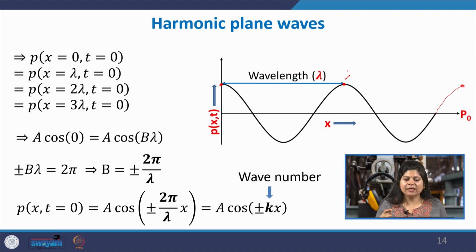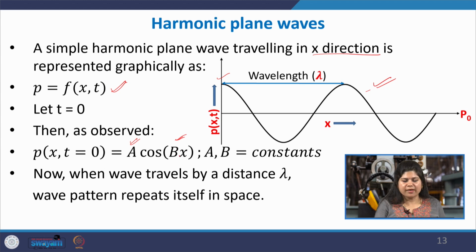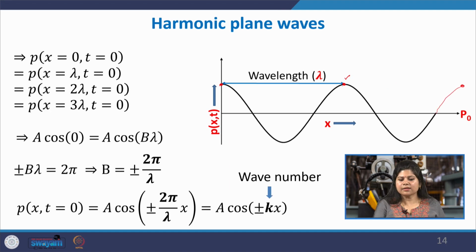Just like a cosine wave has 2 pi as the period over which it repeats its pattern, let us not call it time period for the time being, it is a spatial dimension. This cosine wave repeats after every 2 pi radians, and here what is this 2 pi? It is when the wave is completing one full wavelength.